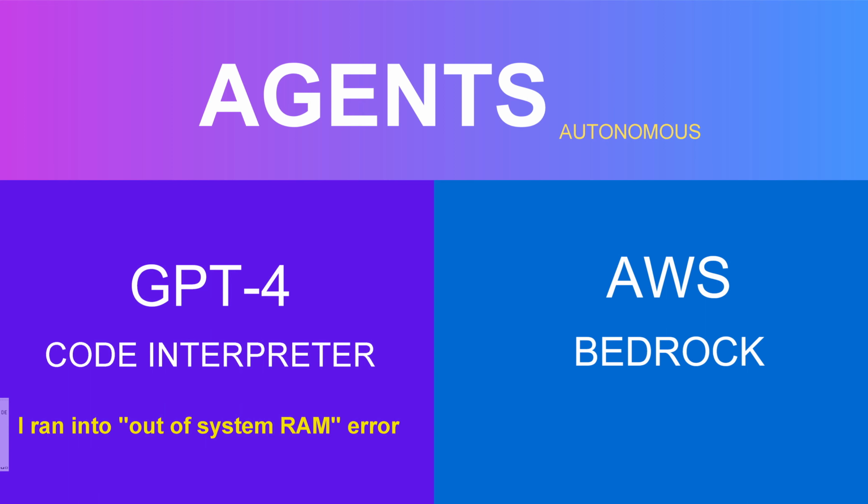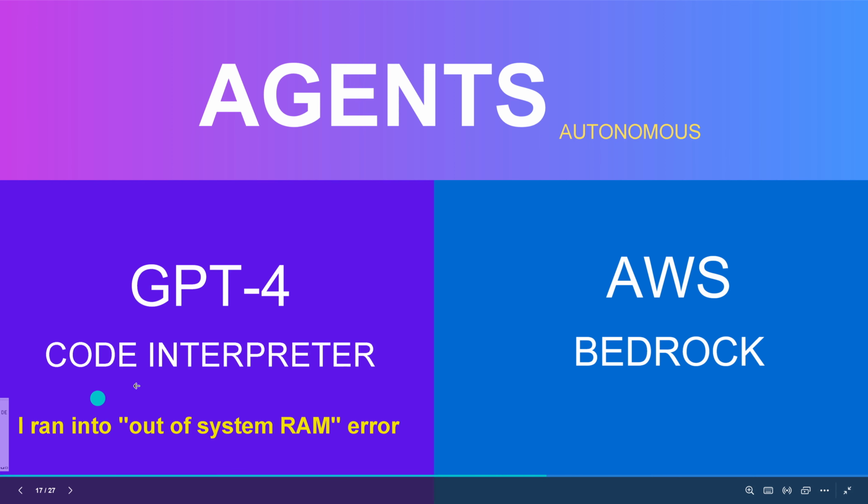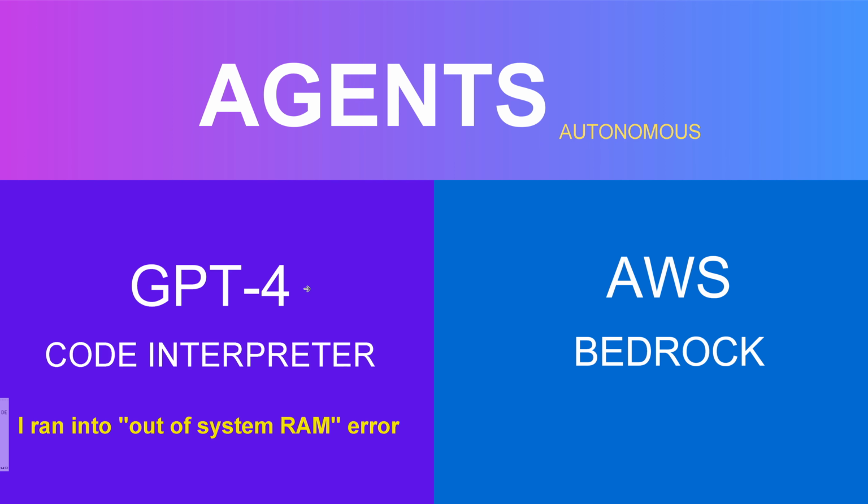So what are the problems I showed you in my last video? I was showing you how to build agents in GPT-4 with Code Interpreter. One problem was if I have a huge amount of data, more than 5,000 real projects with project description, technical reports, financial data, time schedule, and at a certain time, if I wanted to perform some topological dimensionality reduction on the complexity of the project thematic topics, I ran into out-of-system RAM error.